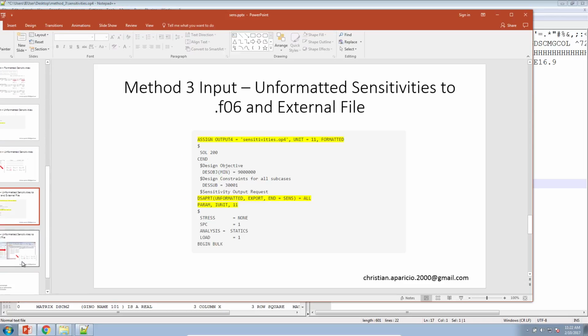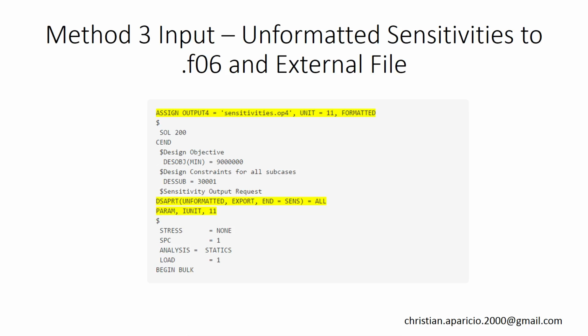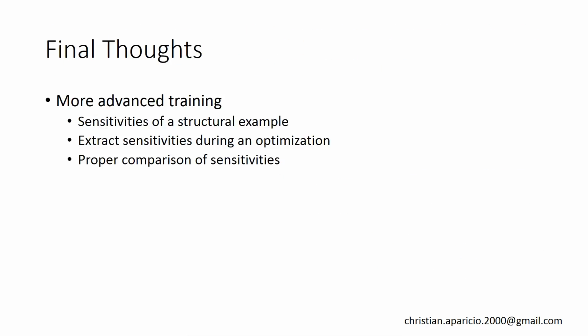And now I believe I have a few last comments to make. Perfect. So that was a quick glance of how to prompt MSC Nastran to output your sensitivities in your F06 file or your OP4 file. Also, I do provide more advanced training for optimization, or specifically size optimization.